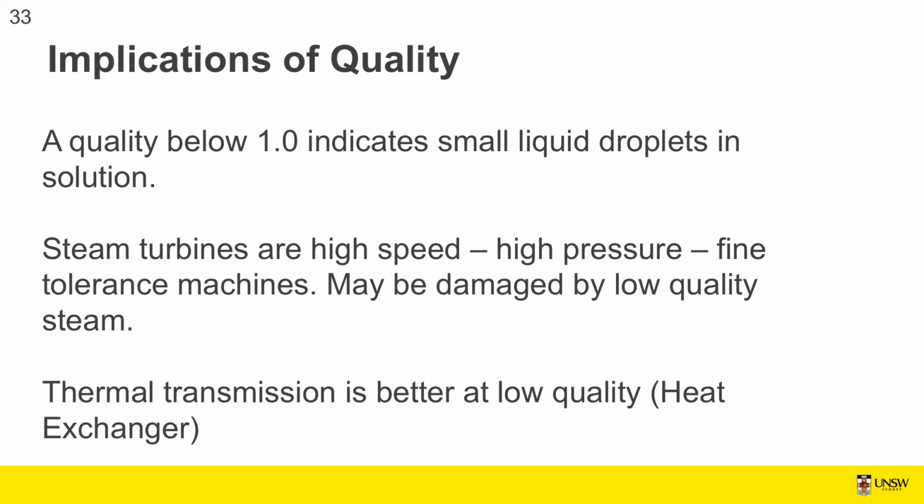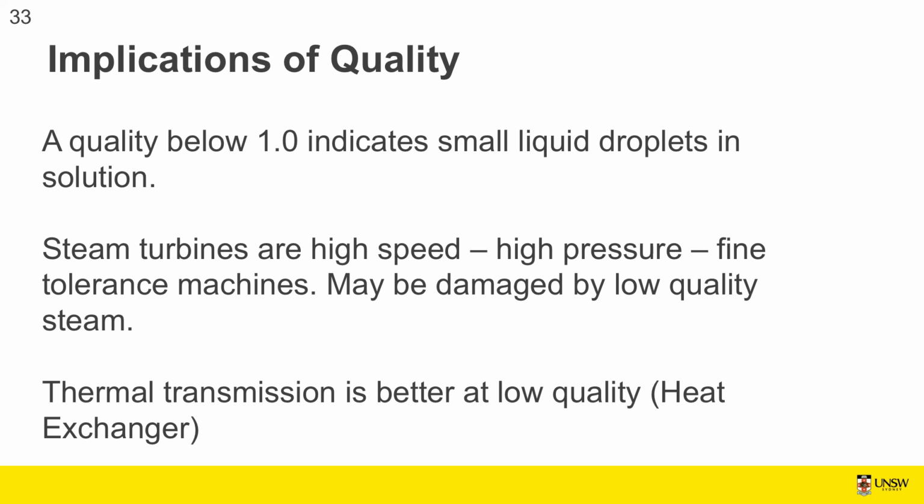Because turbines are fast spinning blades in a gas stream, they expect gas, and vapor is a gas. So don't think of steam as being little liquid droplets. That's what we commonly think steam is, but steam is just like air. It's clear, and it's without droplets. Once you get low quality, you can start damaging your turbo machinery.